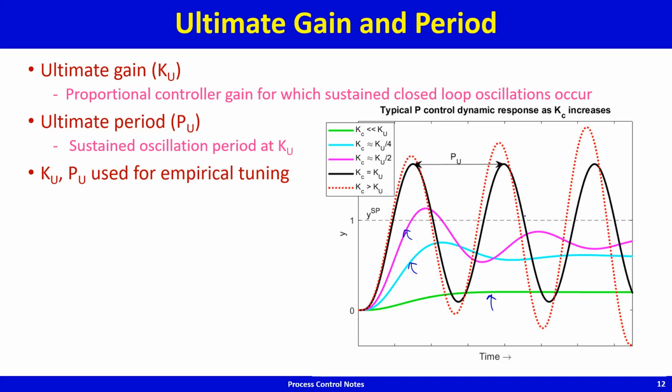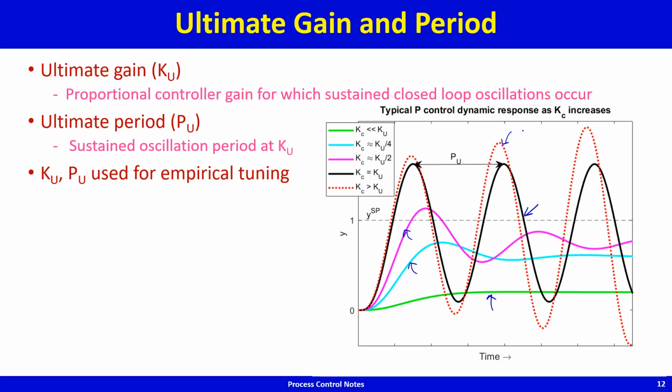The black line corresponds to Kc being exactly Ku, and you can see that now you are getting sustained sinusoidal oscillations, and this is for a servo response. And the red dotted line is for Kc slightly above Ku, and you can see that now the oscillations are blowing up. So this is typical of feedback control systems. For low gains you get a smooth non-oscillatory kind of response.